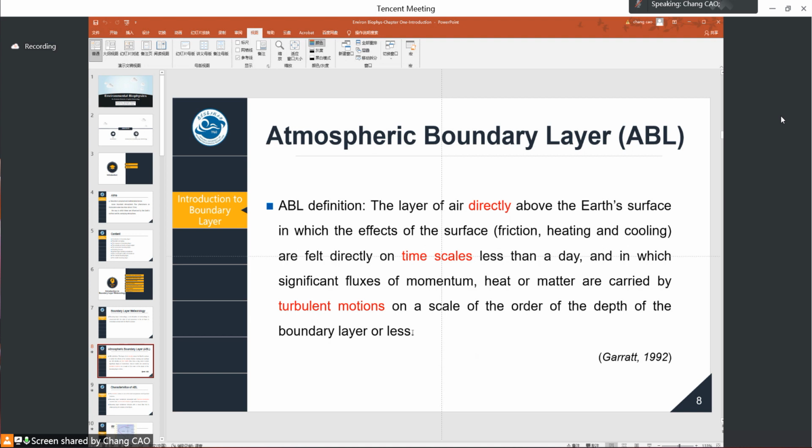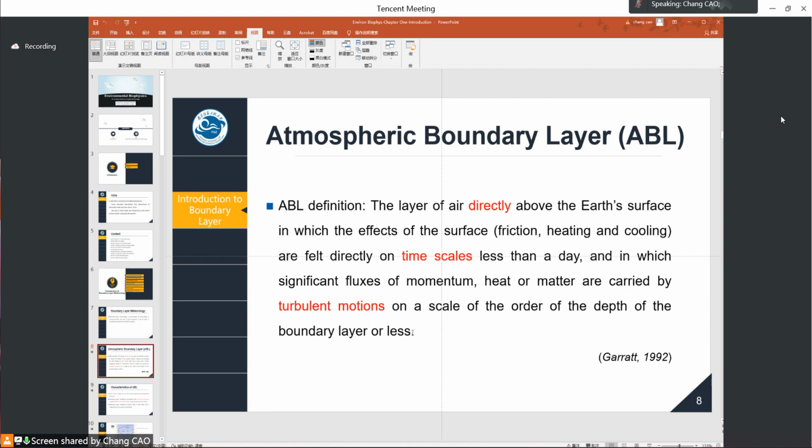For example, for temperature, usually we know that as the sun rises, the temperature will also increase, right? And maybe it will reach the maximum value during the early afternoon, or maybe at noon. And then the temperature will decrease.